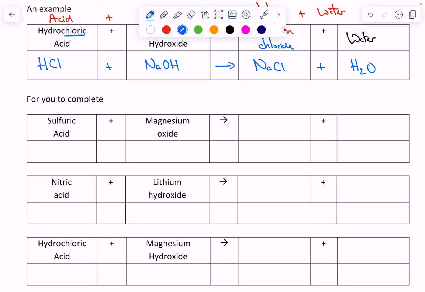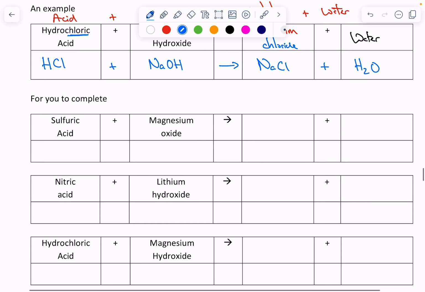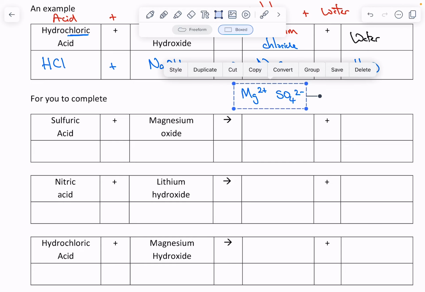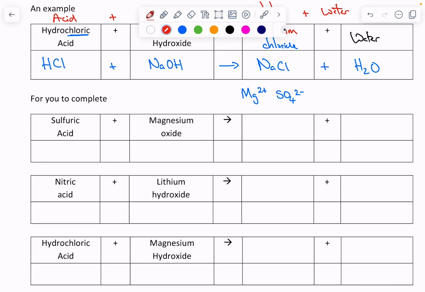I'm going to tell you that you will need to know that magnesium is a 2+, and sulfate is SO4 2-. So when you come to work out the salts, that information will help you to work out the name of this salt.